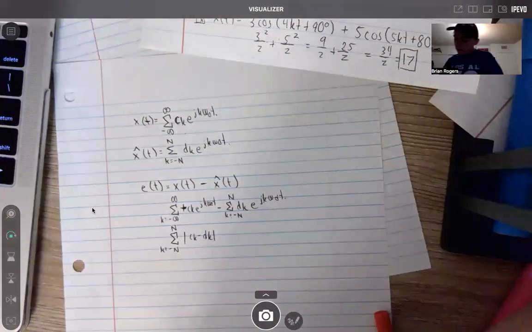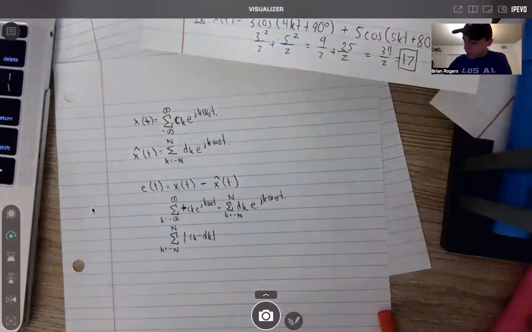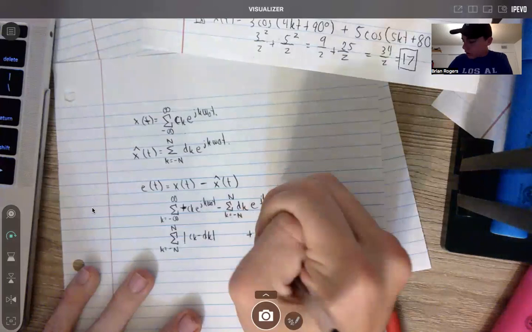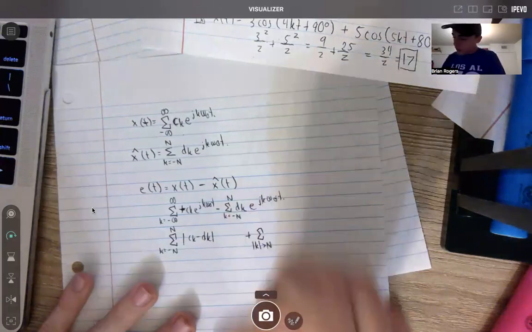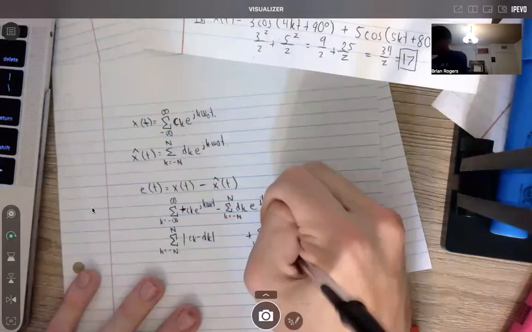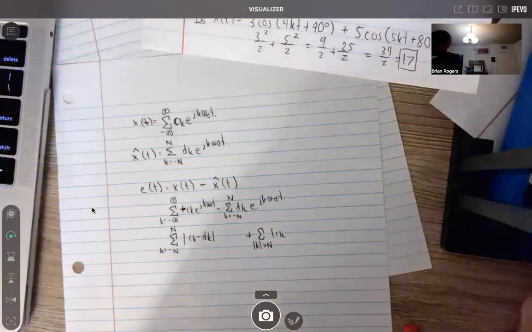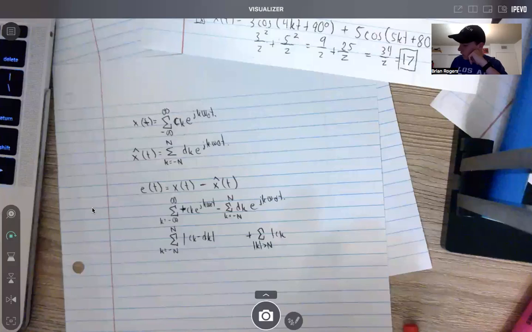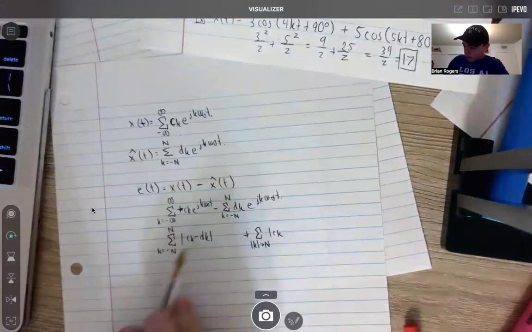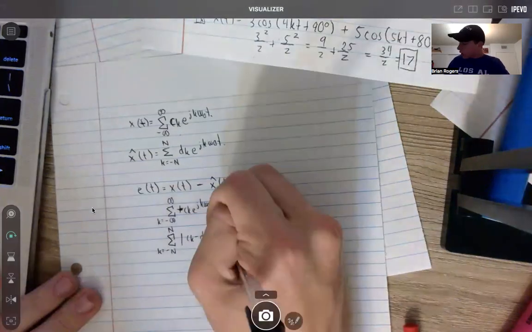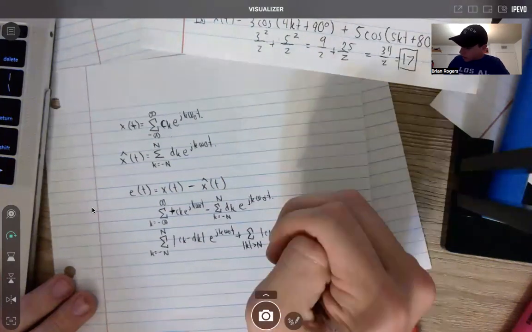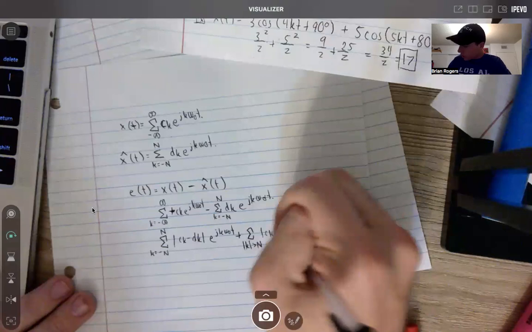And then the other term, let me just write that for now. It would be for k greater than n, and then this would just be ck. Okay, which would be ck minus dk, then e to the jk omega naught t. And this one would be ck e to the jk omega naught t.